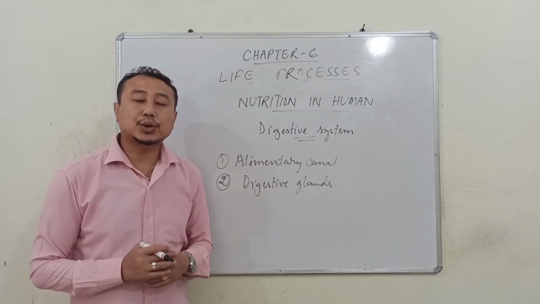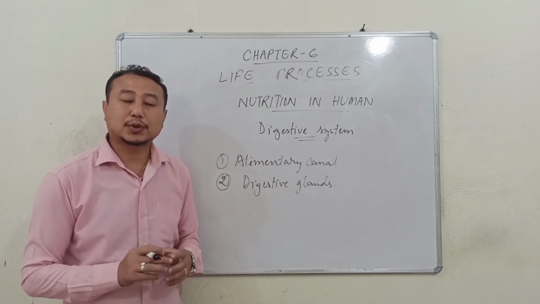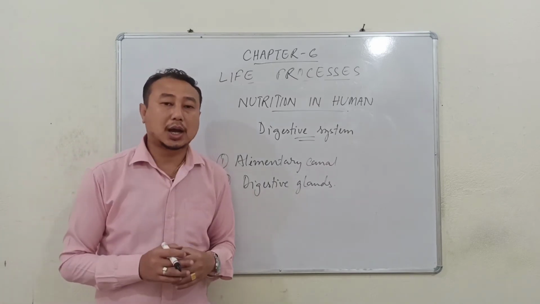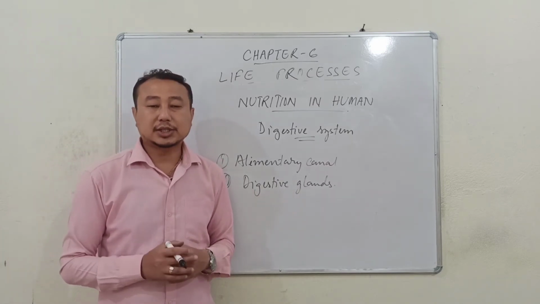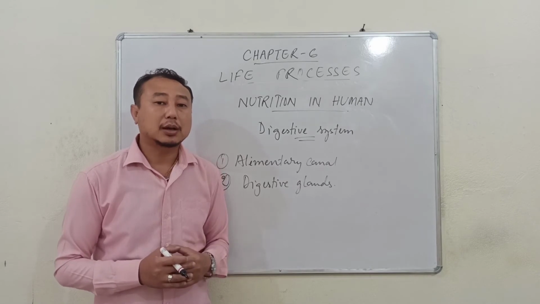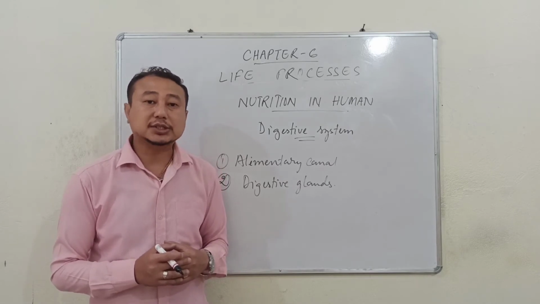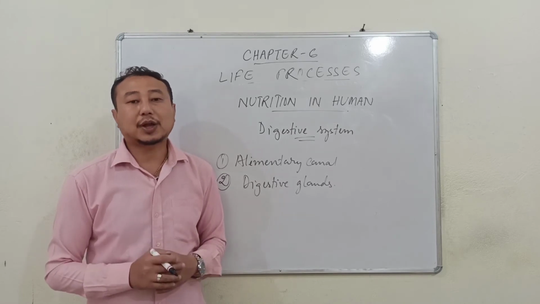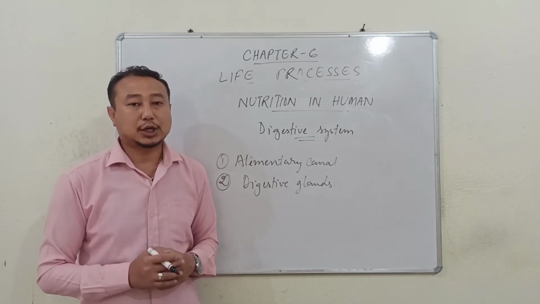The alimentary canal is the long canal through which the food passes for the process of digestion, while the digestive glands are the glands which produce digestive enzymes that help in the digestion of the food materials inside the digestive system. Now let us see how the process of digestion takes place inside the body of a human being.